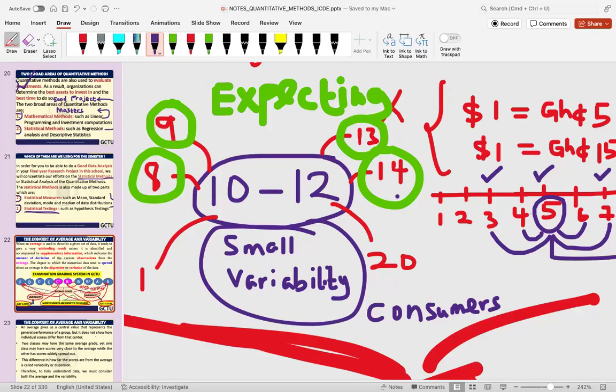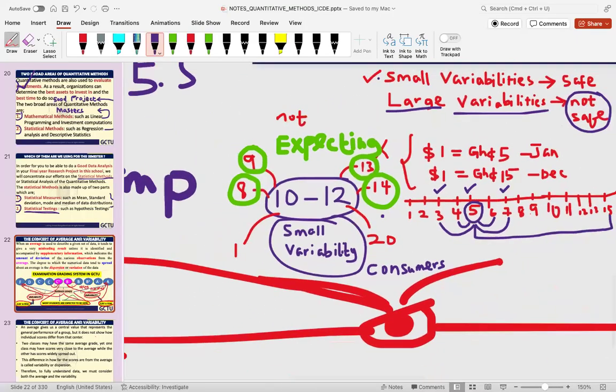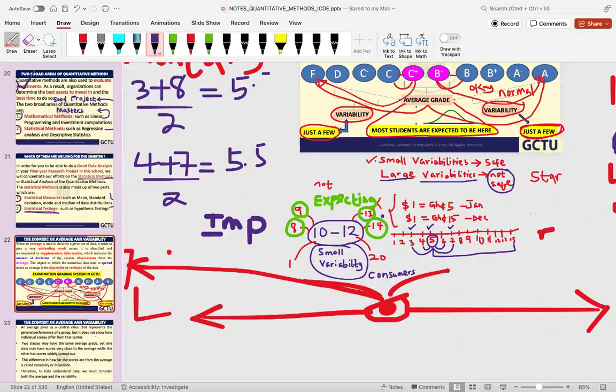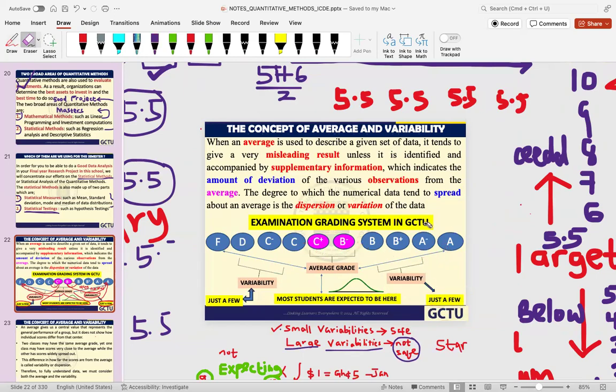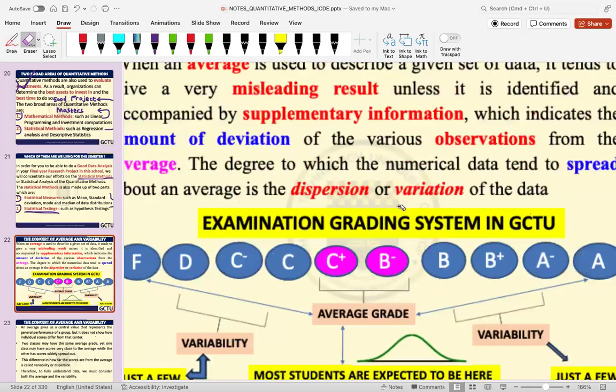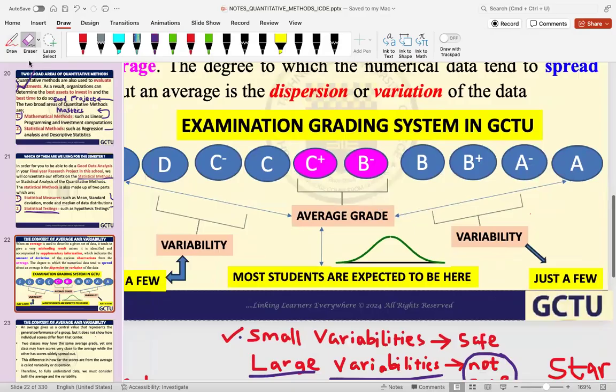All right. So I'm sure I have given you a comprehensive understanding about the average and variability, which I have used the grading system to explain and also a working environment, so that the take home for you now is that there is always an average point as the starting point.